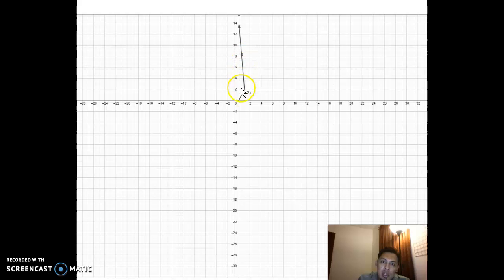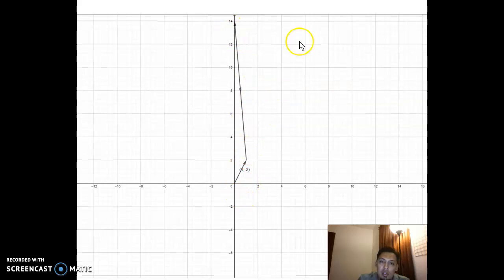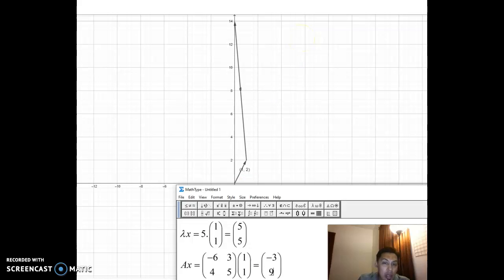So basically, it is expanding, but it is actually rotating. It is not on the same line. So this is not an eigenvector. I want a vector that, when I multiply it, will just expand the line without rotating the line. So this is not it.